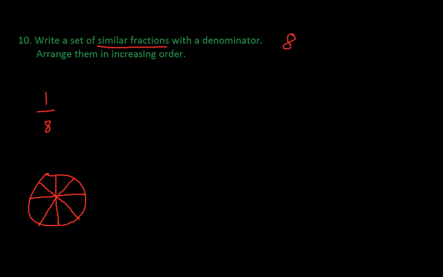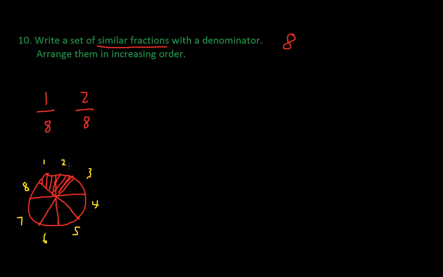Let's make sure we got that in the right number. So we have 1, 2, 3, 4, 5, 6, 7, 8, perfect, and we have 1/8, so we're just coloring 1/8. And if we want another fraction, we can just do 2/8. That would be increasing, because that'd be a little bit bigger, so 2/8 would look like that.